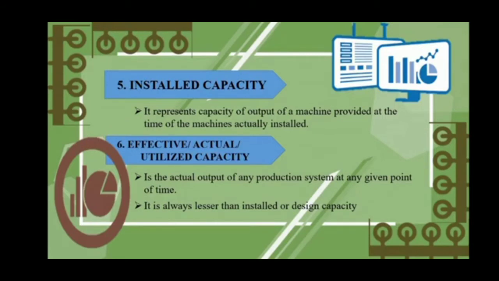It is always lesser than installed or designed capacity because the facility may have been designed for an earlier version of the product or a different product mix than is currently being produced. Moreover, actual capacity is the same as effective capacity but contains unplanned losses as well as planned ones.